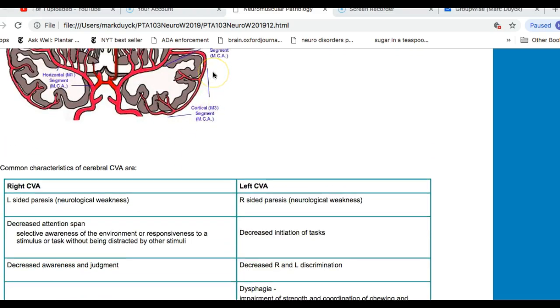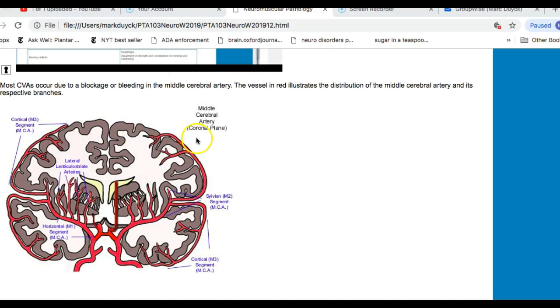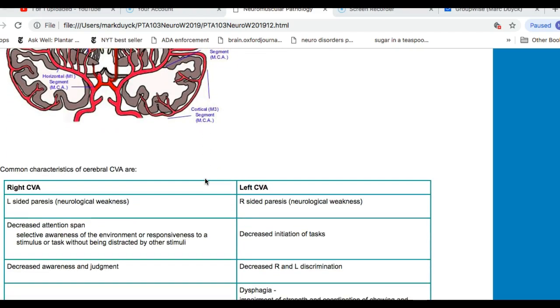So with the right-sided CVA, you can think about this whole system, and it depends upon how significant that damage is. The blockage or the bleed that occurs on that part of the brain will determine what happens on the opposite extremity, so the opposite side of where the insult occurs.